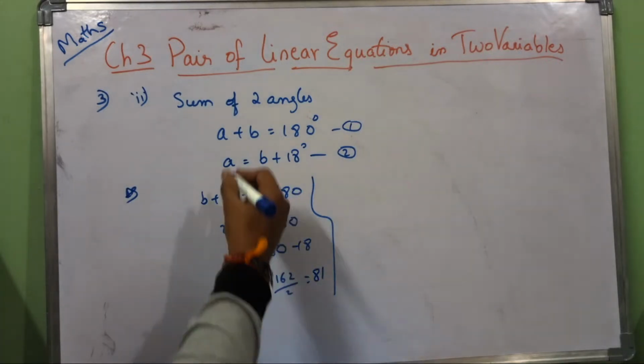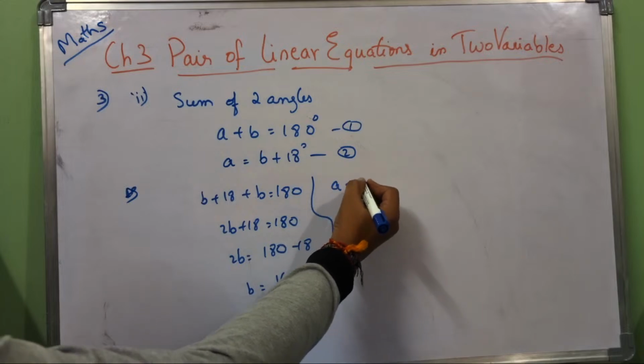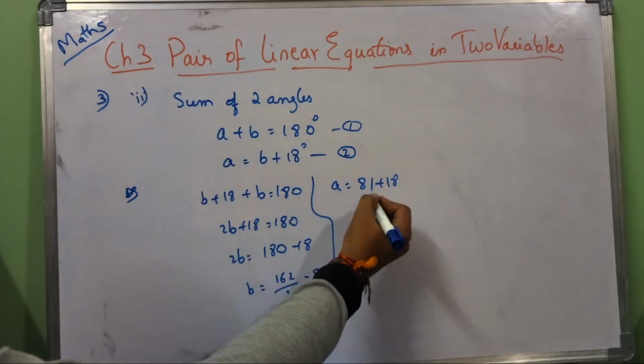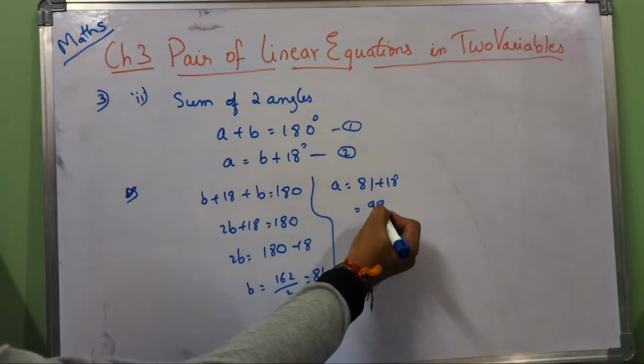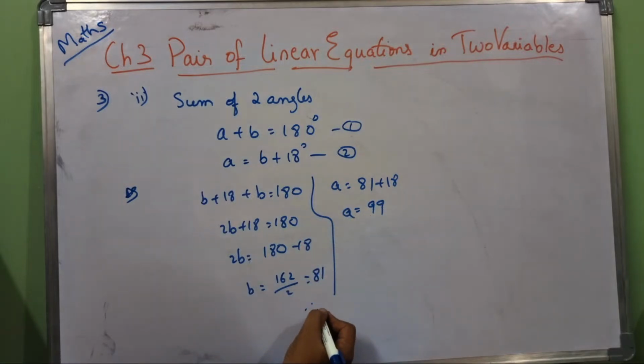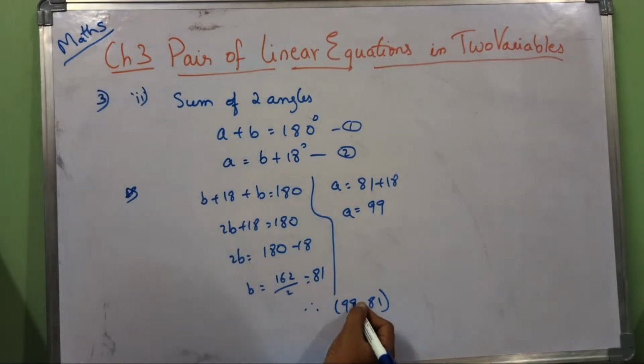So substitute the B value in the second equation: 81 plus 18 will give us 99. So the final answer, the two angles are 99 comma 81. You can also cross check this: exceeding by 18 degrees and the sum is equal to 180 degrees. Hope you understood.